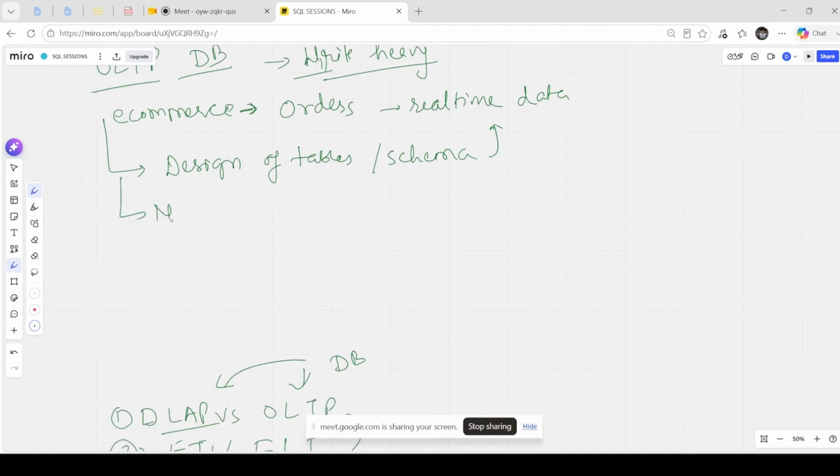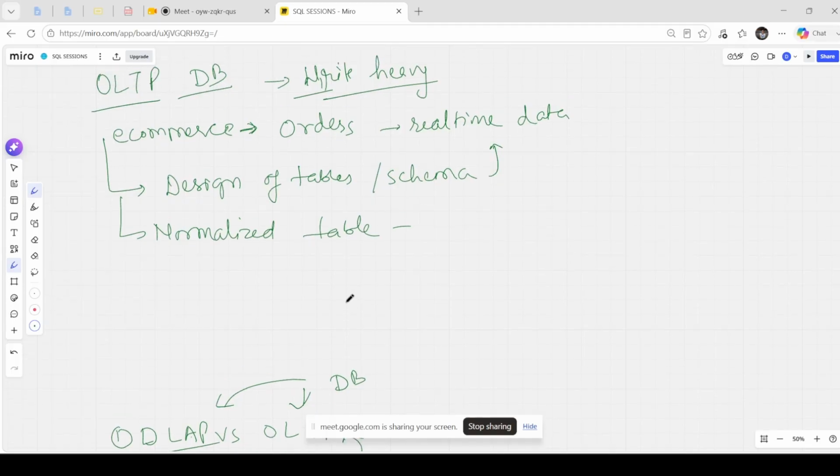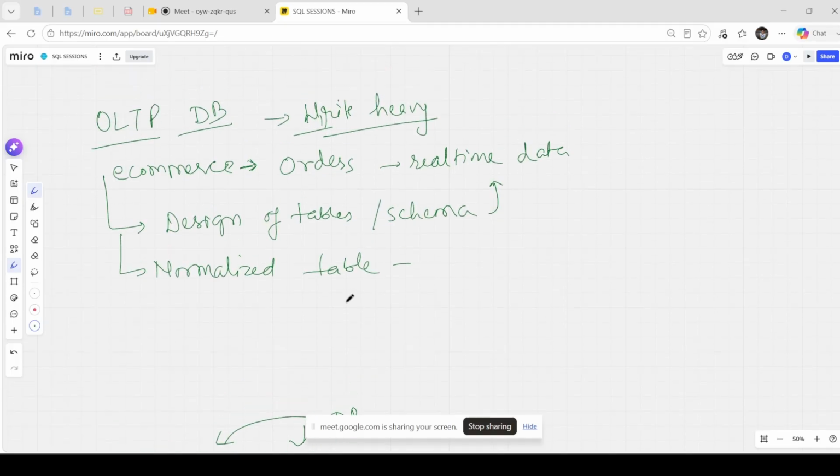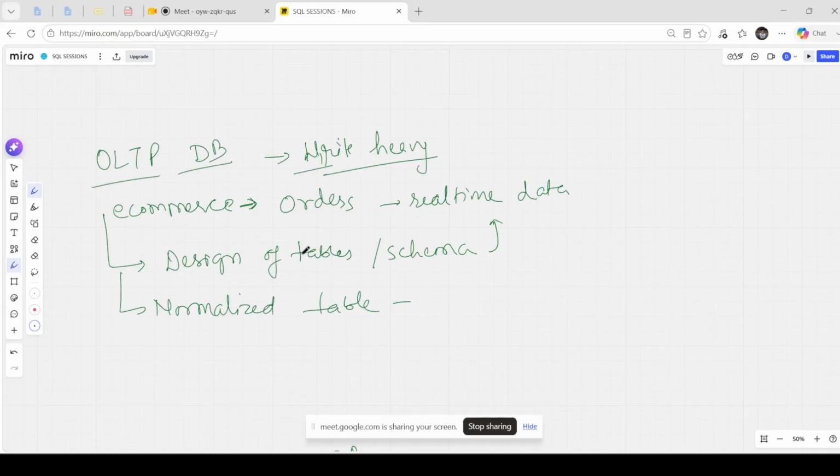Normalized means we do not keep duplicate records or duplicate data here. I hope we already discussed this. Hence this OLTP database is not serving my purpose. My work now is to provide a database to my business team so that they can run the analytics, or I can help them write a query for them.